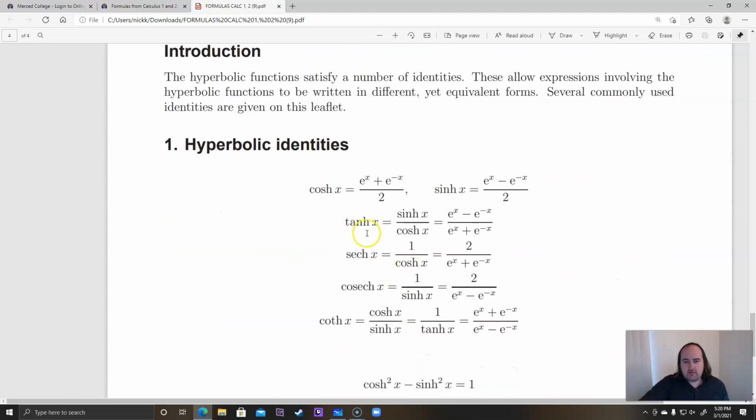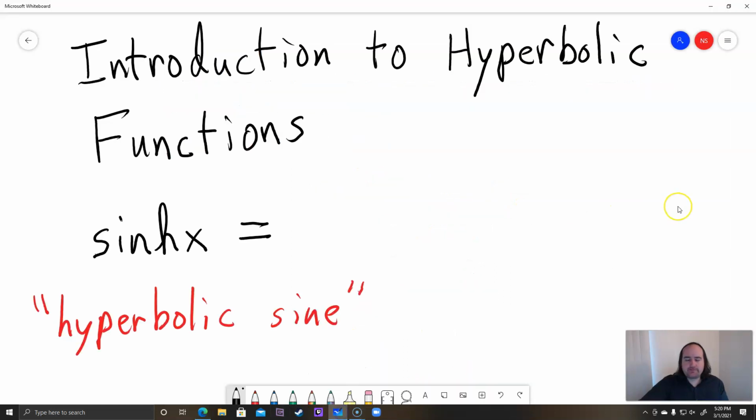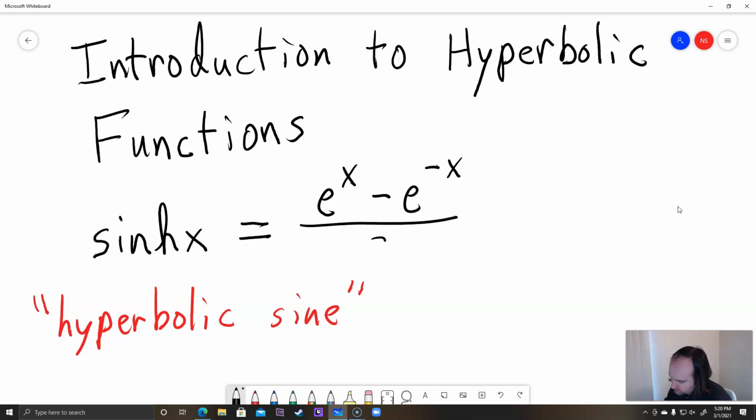So here we've got sinh of x equals e to the x minus e to the negative x all over 2. You can always look these up here in case you forget them. That's hyperbolic sine.